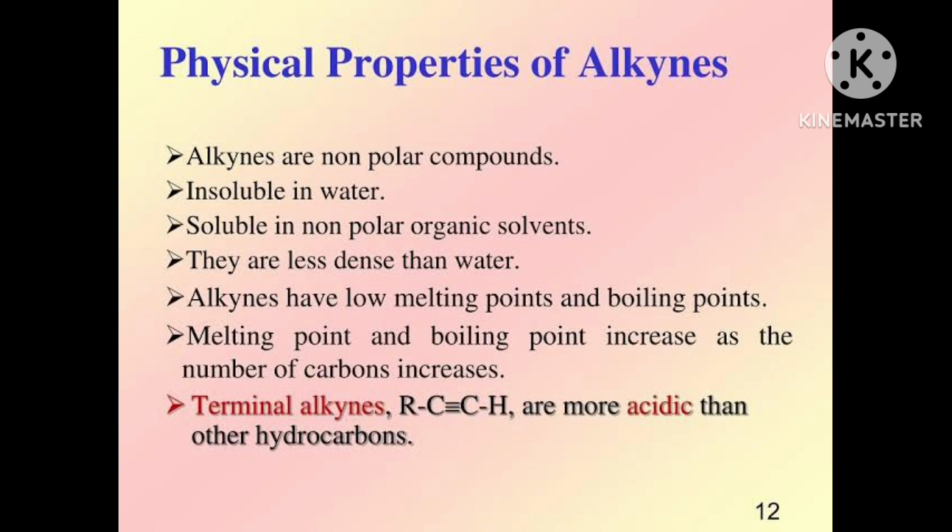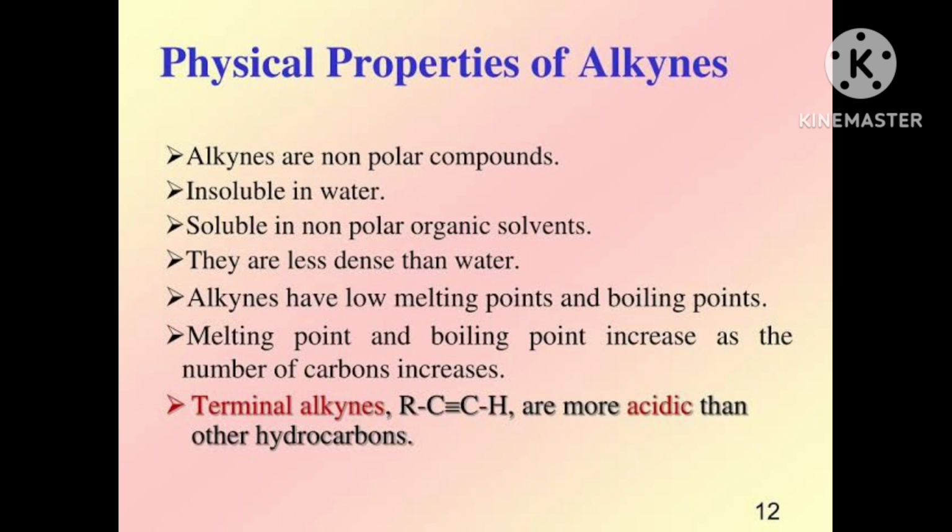Suppose first H will add. When H plus adds to the negative carbon, then one carbon will be positive. That's why this intermediate step is called vinylic cation.